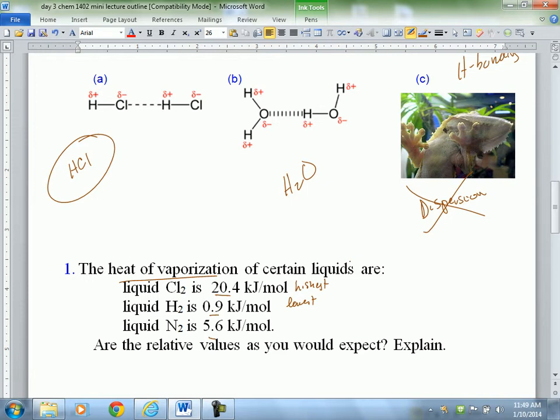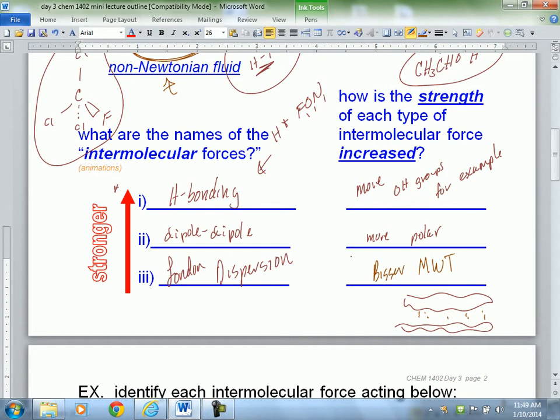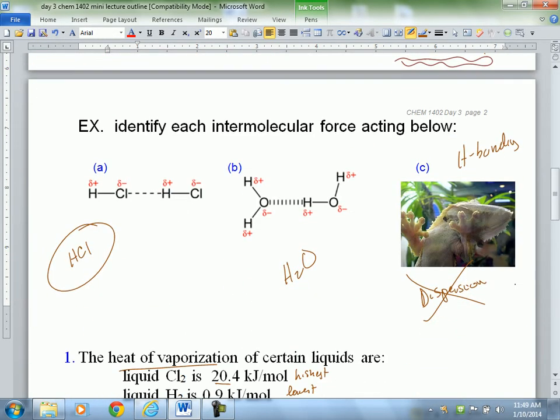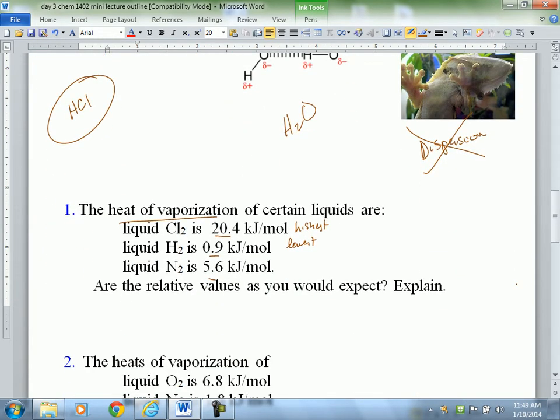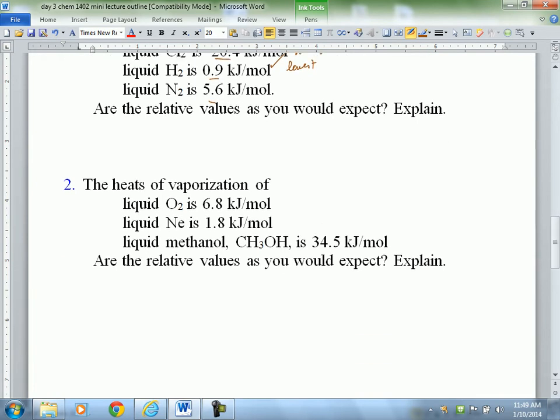So you're supposed to go by what then? What do we say? The weight. The one with the biggest weight had better have the biggest enthalpy of vaporization. And it does: chlorine the biggest, hydrogen the smallest. It works. Here's another example.